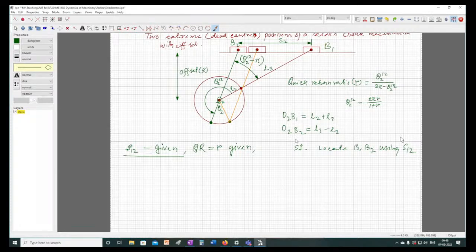Let's take this distance only. It will be given to you which distance you should take. But for this case, suppose this distance is already given. Let us take that distance, and I'm drawing it somewhere here.